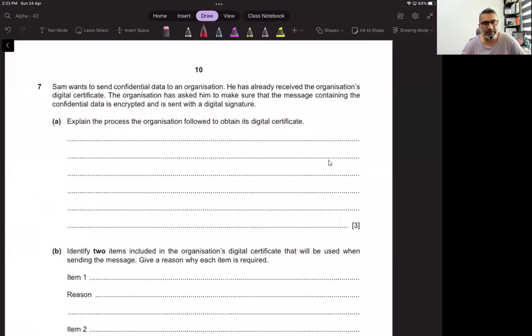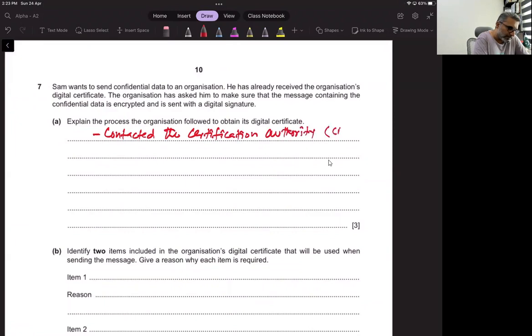Explain the process the organization followed to obtain its digital certificate. Now, they would have contacted the certification authority, CA. CA is the company that creates the certificate.